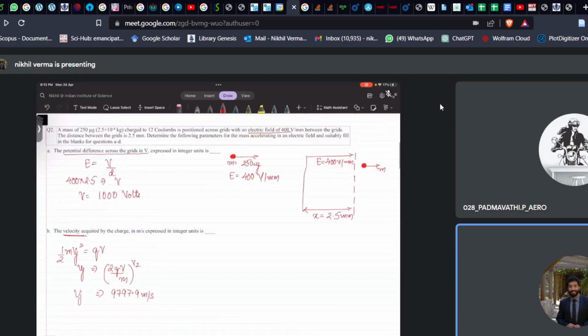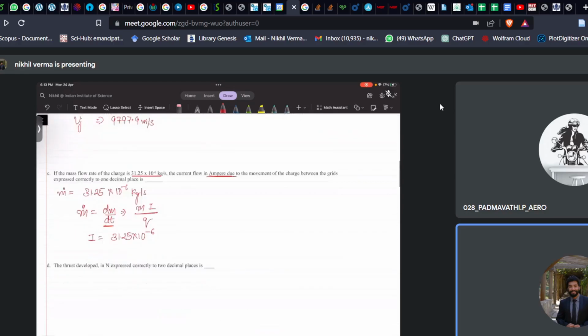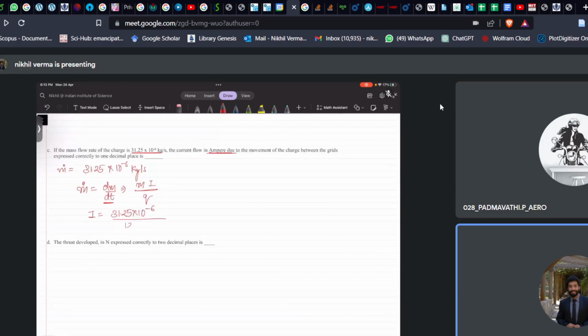The charge on the mass is 12 coulombs, so it will be 31.25 into 10 to the power minus 6 into 12 divided by 2.5 into 10 to the power minus 4. So it will give you the current as 1.5 amperes.